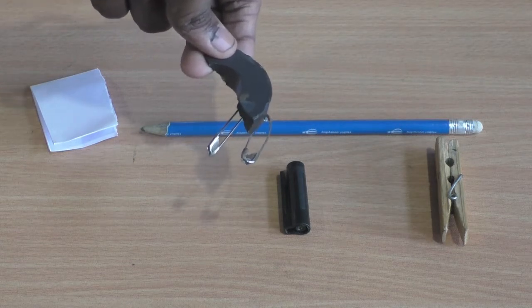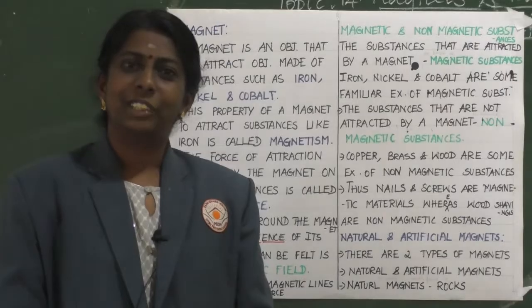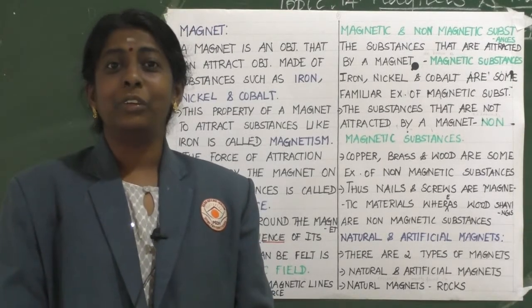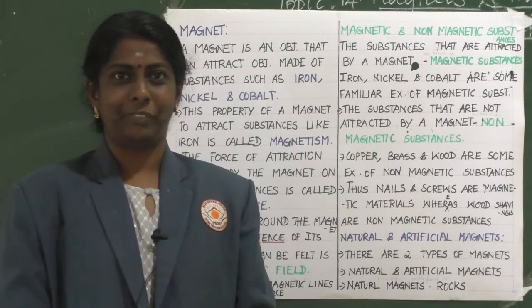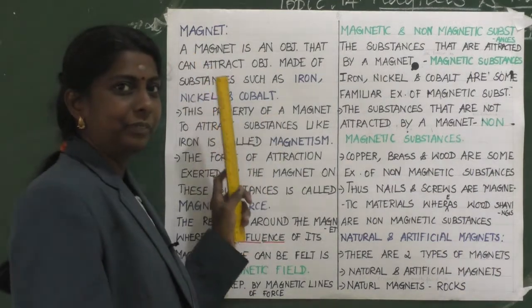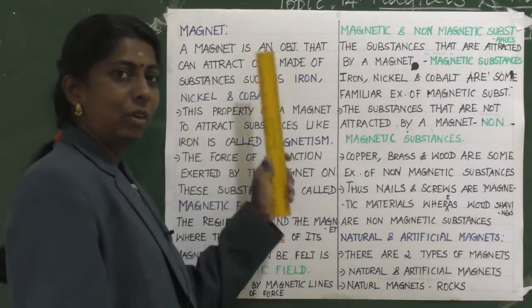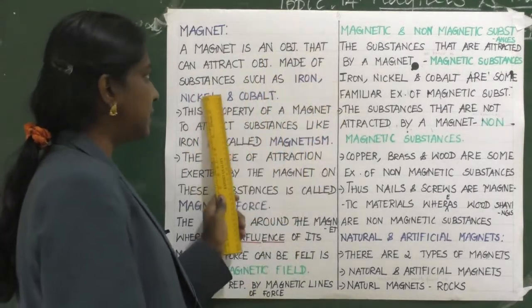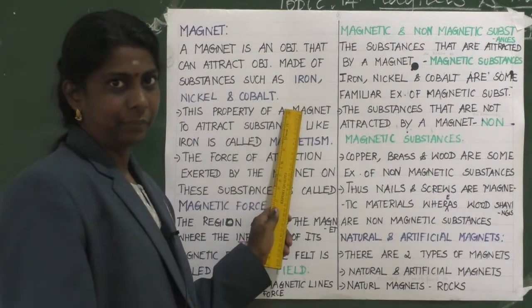Now, we are going to learn about magnet, magnetic force and magnetic field in detail. A magnet is an object that can attract objects made up of substances such as iron, nickel and cobalt.